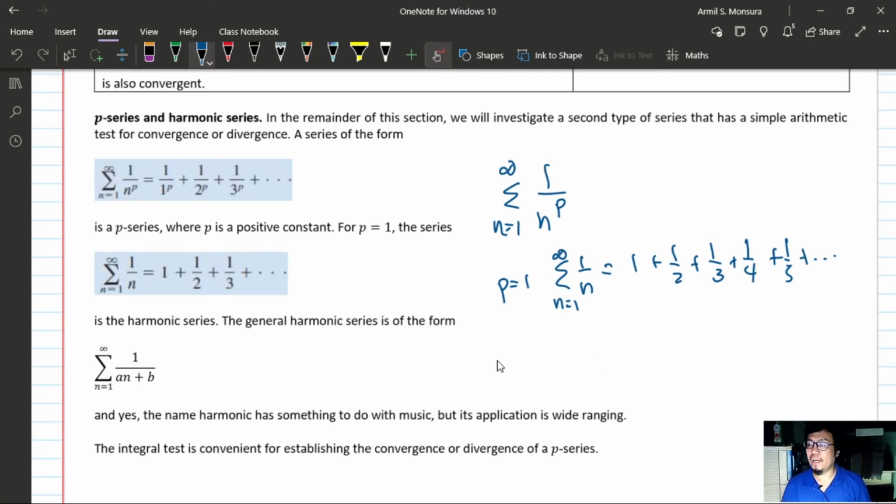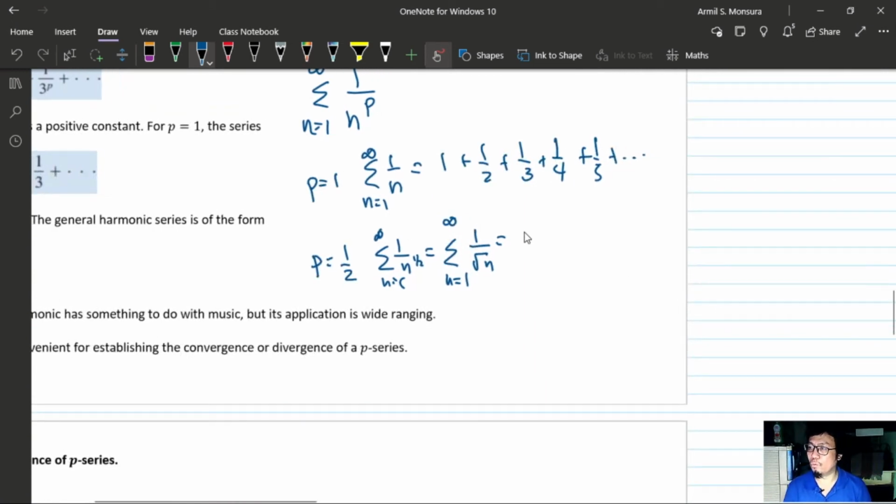When p is 1 half, the series becomes the sum of 1 over n raised to 1 half, or basically the sum of 1 over square root of n. When you expand this, it becomes 1 plus 1 over square root of 2 plus 1 over square root of 3 plus 1 over square root of 4 and so on.